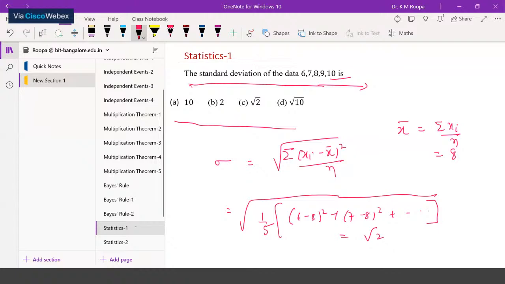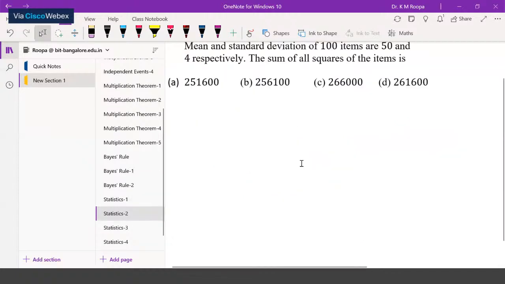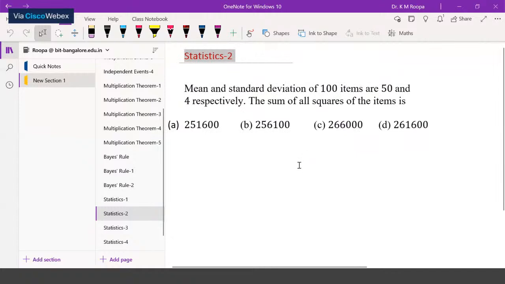That's why I'm covering it last, because statistics is very easy. You know the formula and then you do it. Mean and standard deviation of 100 items. 100 items means n is equal to 100. Mean, x bar, they gave 50, and standard deviation they gave 4. What is the sum of all squares of the items?